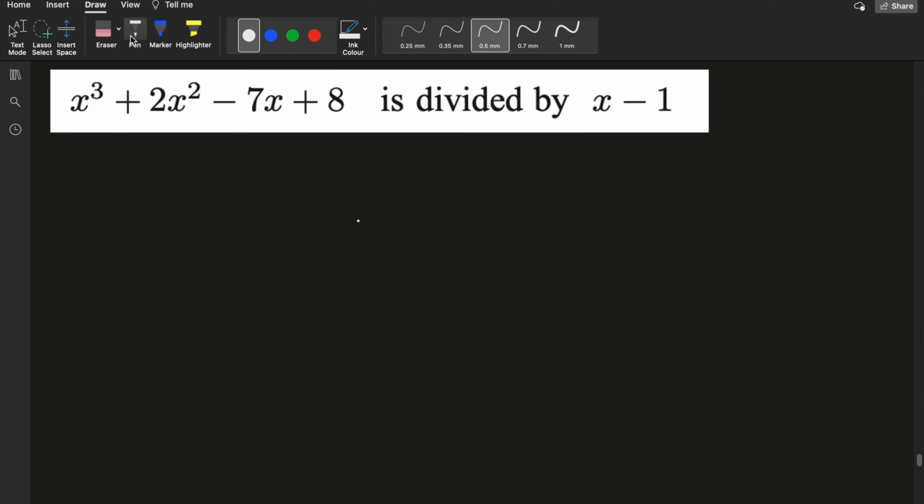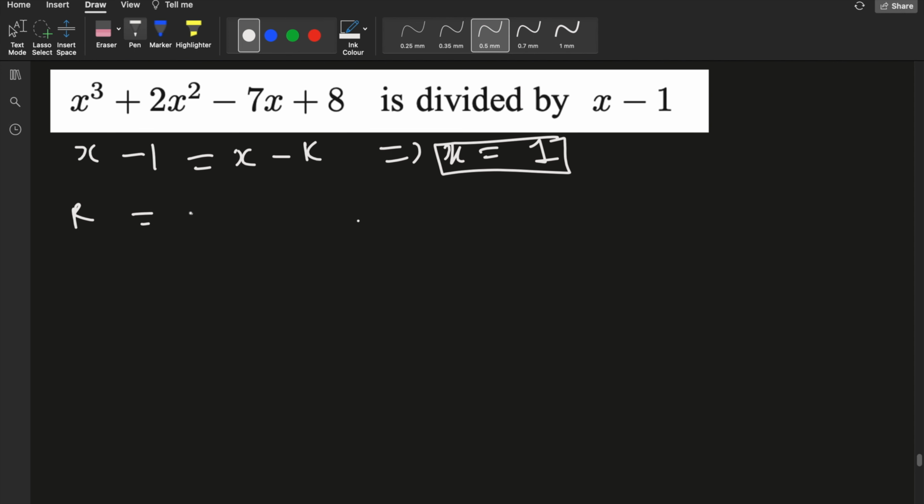So the divisor is x minus 1, which is in the form x minus k, implies that k equals 1. So in order to find the remainder, we need to find f of 1, let this be f of x, equals this.